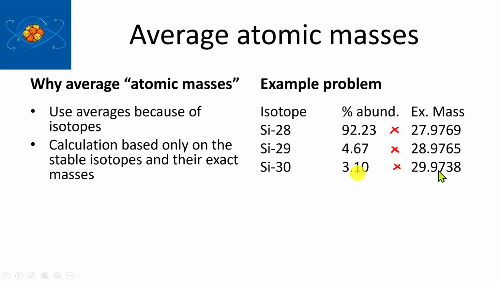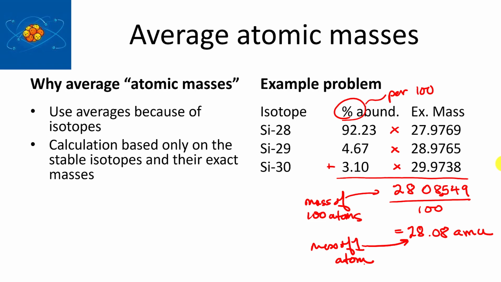And so you'll go ahead and add these up. Oh, and by the way, make sure this adds to 100%. But you'll add these three results up, get a number, and then divide by 100 to get the average atomic mass. So I'm going to go ahead and stop it, and when you restart, I'll have just the answer worked out for you.